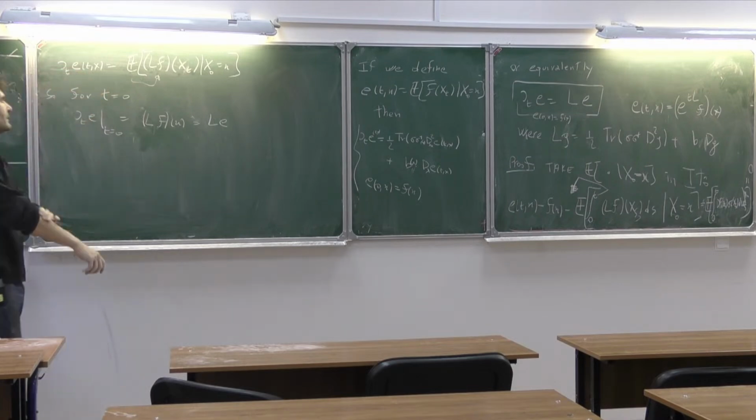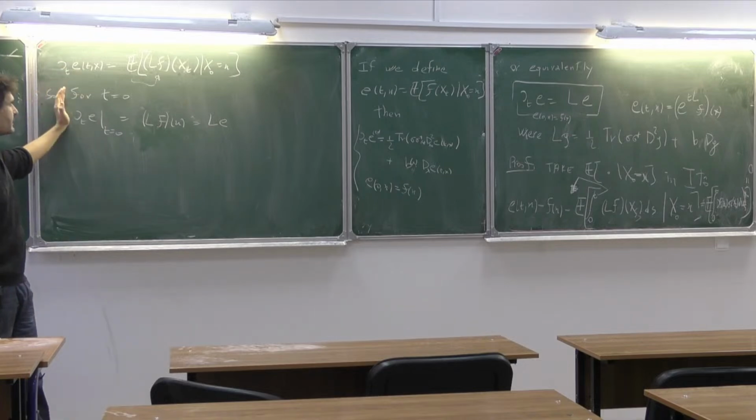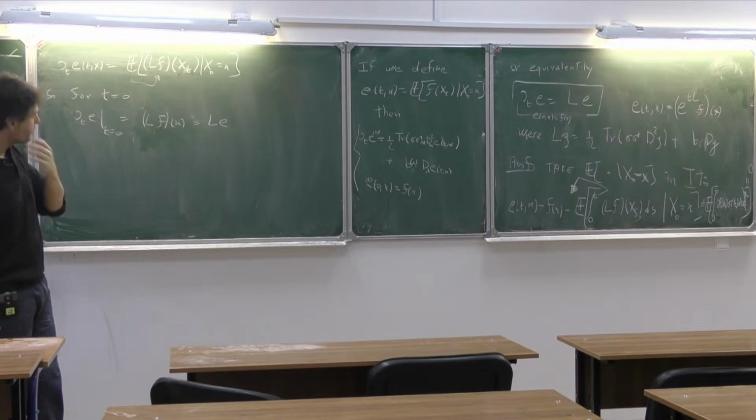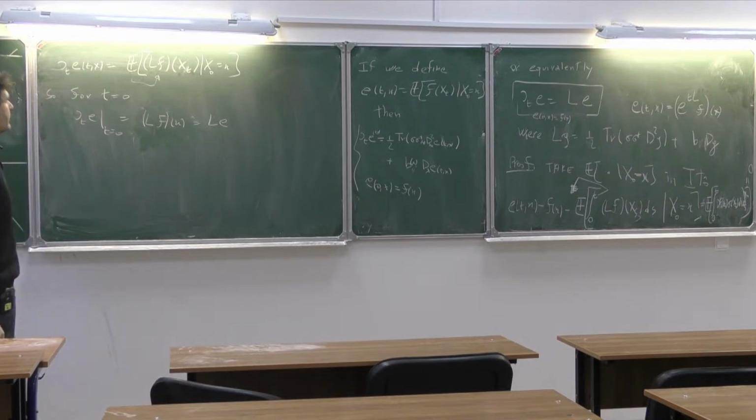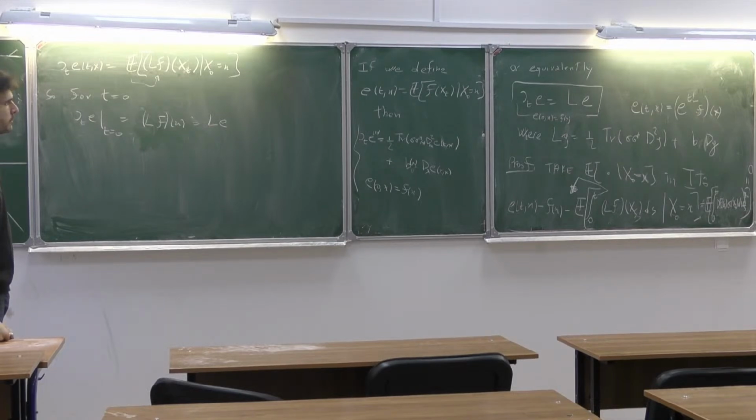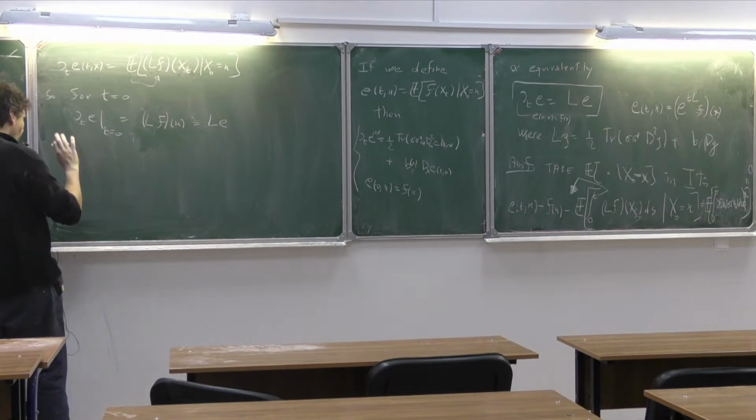But in reality, the clean proof is not like this. The clean proof is just to check time 0, and then, okay, we will check the Markov property. I will say some more words later about Markov properties.